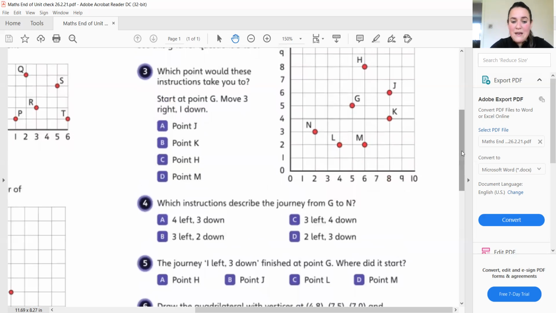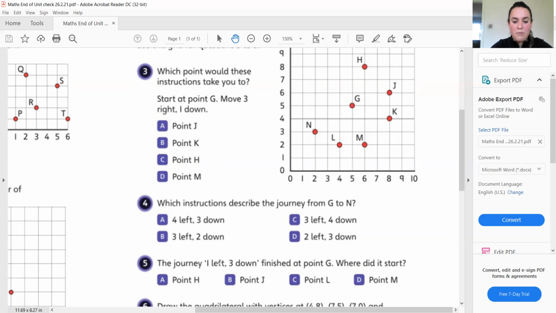So the journey, 1 left and 3 down, finishes at point G. So this is a little bit of a trick question because now we're not starting from here, we're ending here. To find out I've got to go 3 left and 1 down, 1 left and 3 down to get to this point, I'm going to do the inverse. I'm going to swap these instructions round. So instead of going left, I'm going to go right. Instead of going down, I'm going to go up.